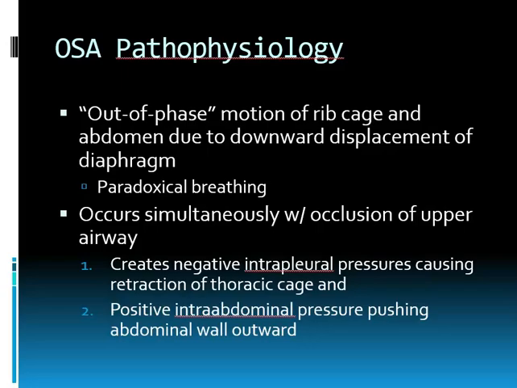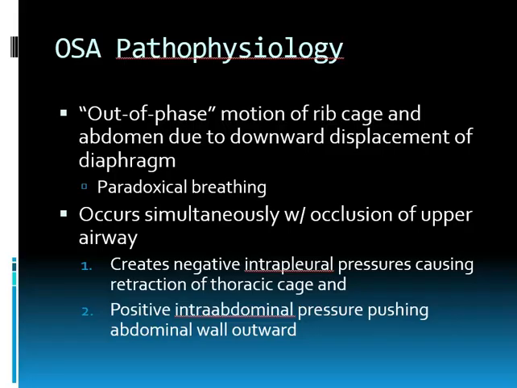So we talked about before the paradoxical motion of breathing. So you'll see that out of phase where the rib cage and the abdomen start to kind of go in opposition to each other, to struggle to breathe, and that can cause a downward displacement of the diaphragm.